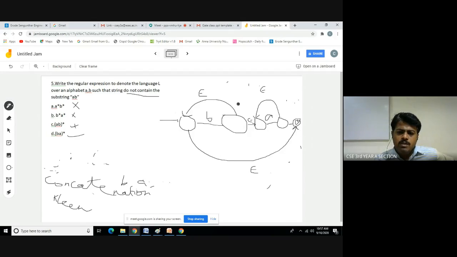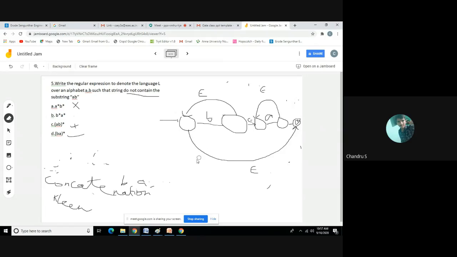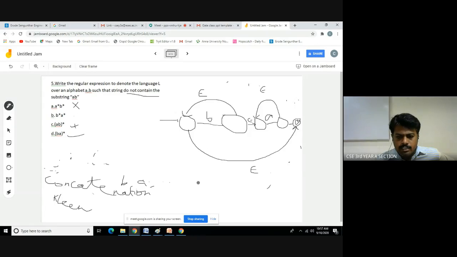In this epsilon NFA, there is no AB contained. So actually this answer is also correct. In this given language, I can accept epsilon, B followed by A, or B, A accepted.